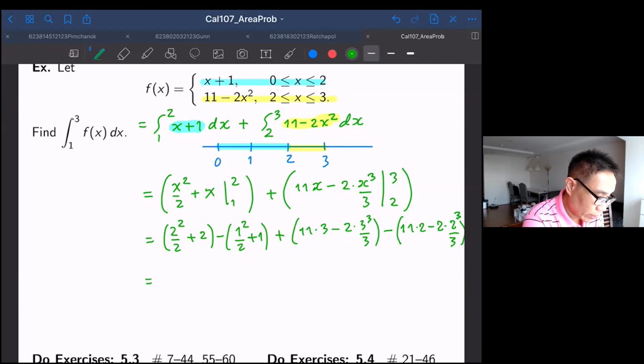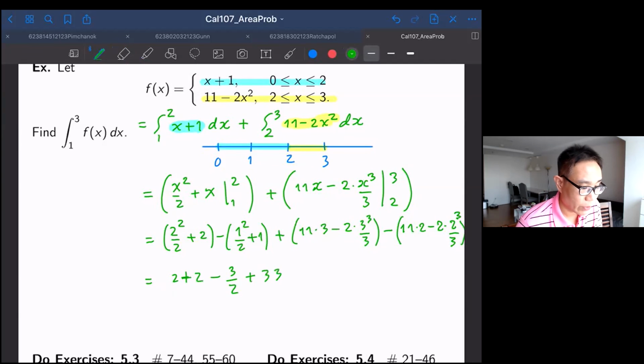This one is going to be 2 plus 2 minus 3 over 2. And this guy is plus 33 minus 18, minus 22, plug in x equal to 2, and you add 16 over 3.